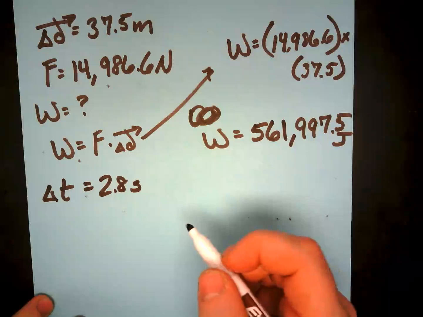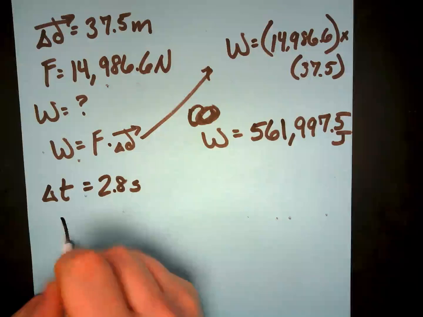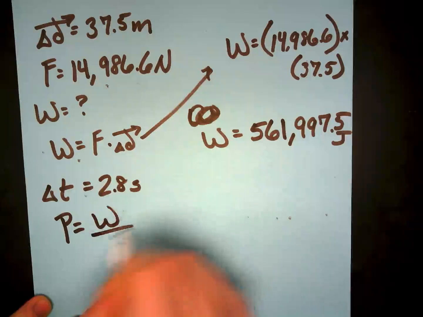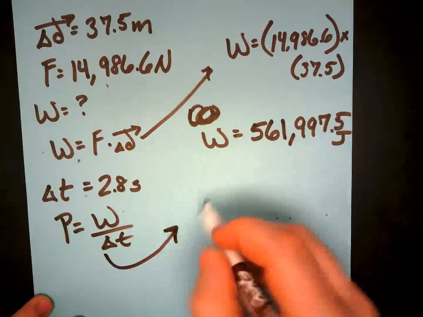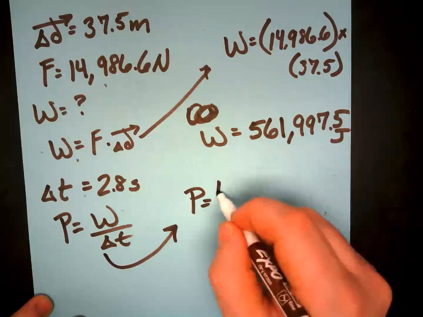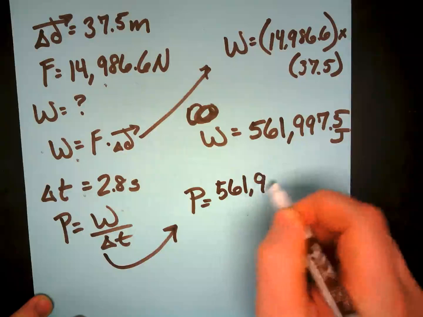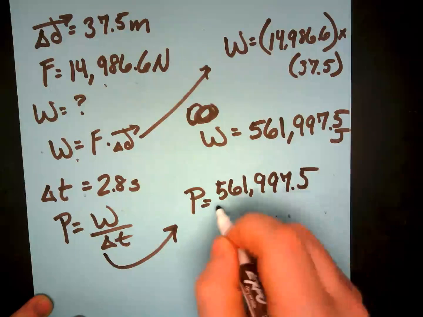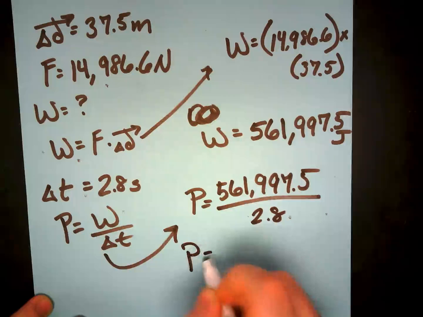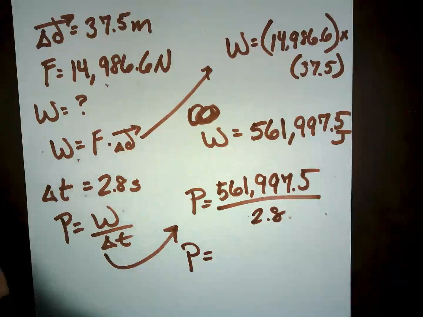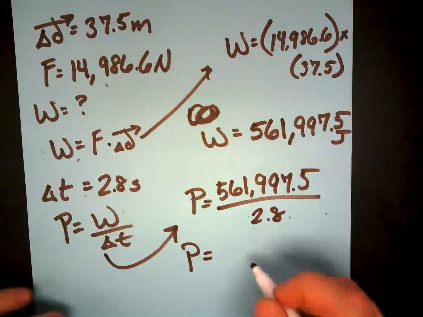And we know that P is equal to W over T. So we're going to use this and just plug everything in. 561,997.5 divided by 2.8. And our power then is going to come out as this.